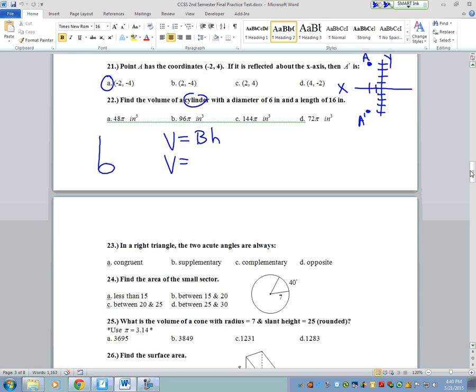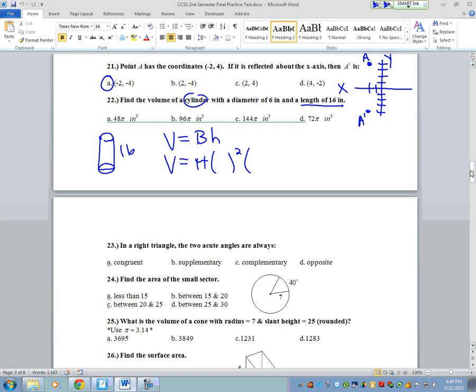You know how you leave things in terms of pi? That always confuses me. It saves a step, though. It's kind of nice to leave it in terms of pi. So I have pi times radius squared times the height. The height is actually the length of the pipe, 16. It's as if this pipe were laying on its side.